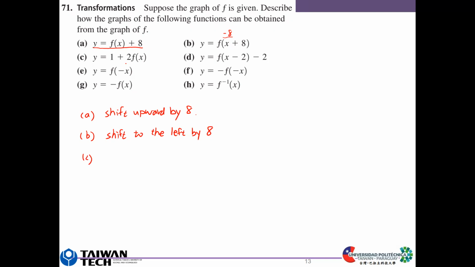Okay. And for problem C, y equals 1 plus 2 f of x. Because f of x is multiplied by 2, that means it is stretched along the y-axis by a factor of 2, and then shifted upward by 1.